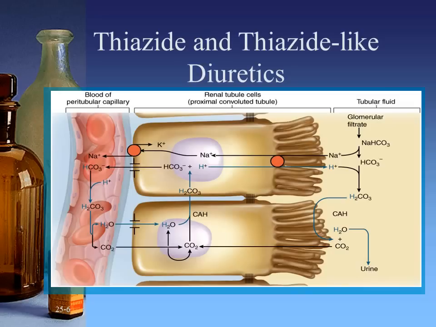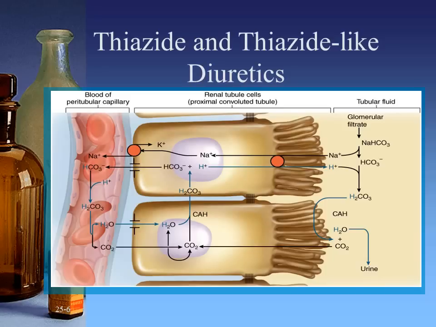So they can very rapidly pull out significant amounts of fluids, greatly decreasing plasma volume. That's great when you need to get rid of a lot of fluid.